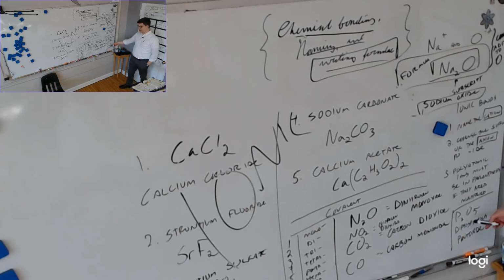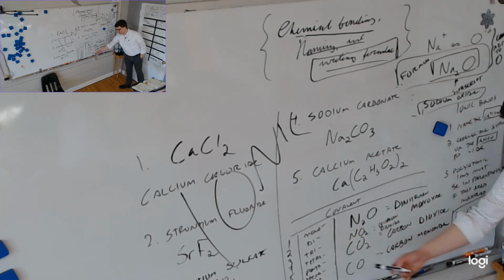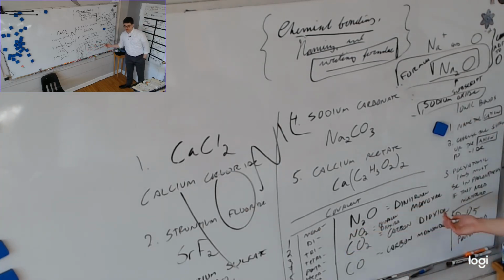You just stick the number of each with the name of it, and you go in the same order. The name will be in the same order as the formula. We do still change the end of the last one to "-ide".